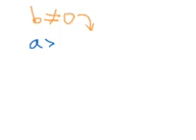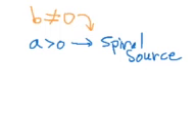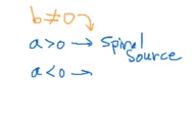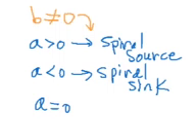If a is bigger than 0, then we have a spiral source. If a is less than 0, that's the real part a, so that's a spiral sink. And a equal to 0, of course, is a center.